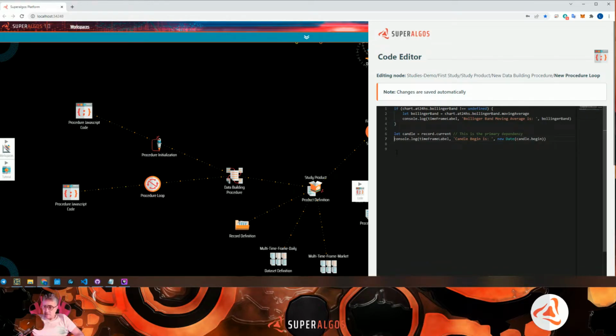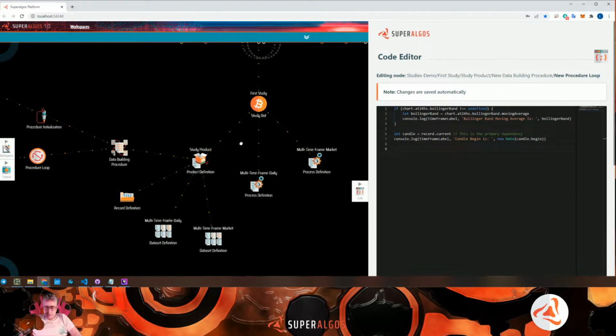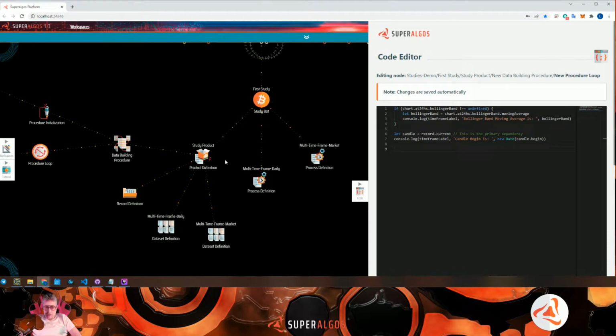You can see it running. Once this is not undefined, I'm going to print the Bollinger Band with the average. And at every cycle of execution, I'm going to print the current candle date. So what does this mean? The same as an indicator, this is going to run if you have this process daily.